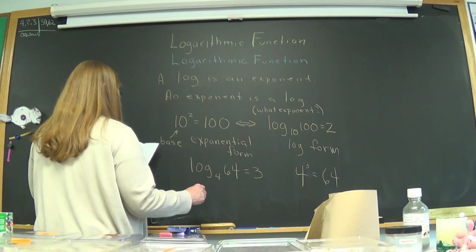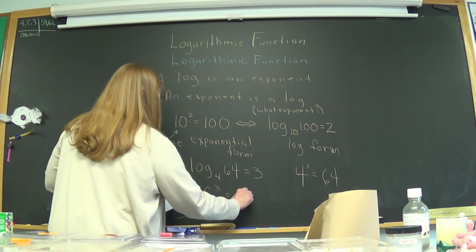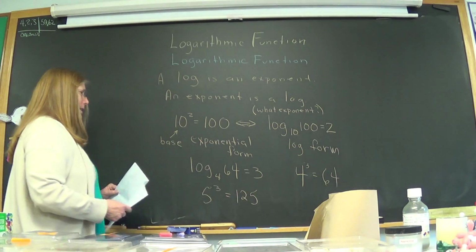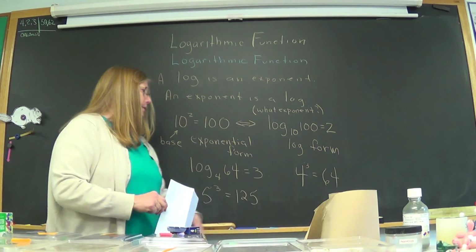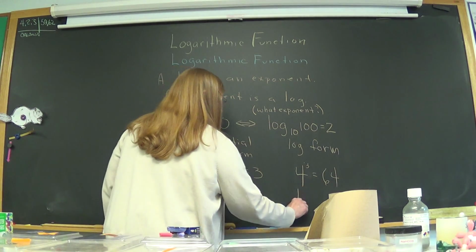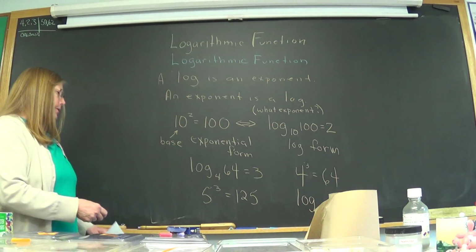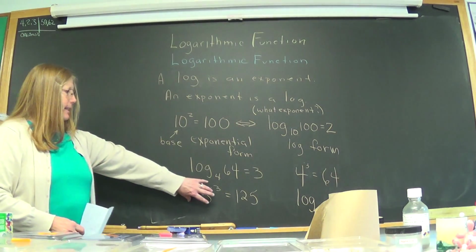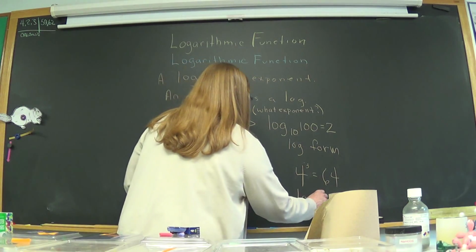Let's say I start with 5 raised to the 3 equals 125. So I'm in exponential form, and I want to write that in log form. It starts with the word log. What's the base? What's the smaller number to the lower right? The base is this number, which I taught you when we were studying exponents.